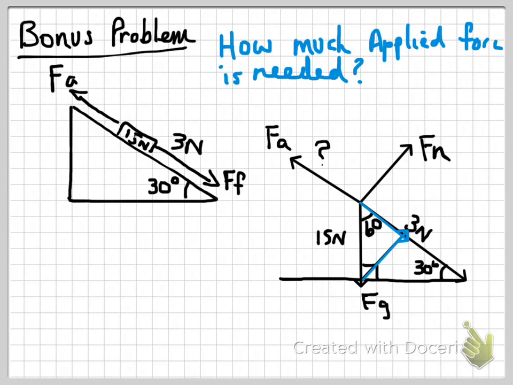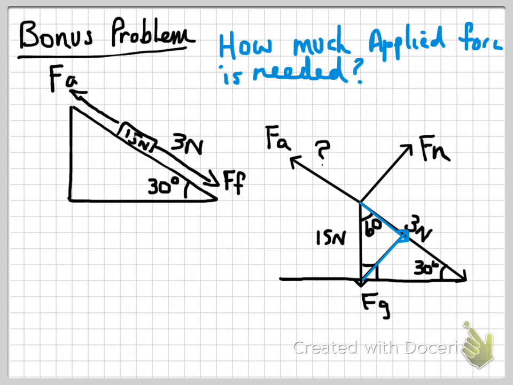First thing I want you to recognize, the first thing I do here is I create another triangle, because what I have to recognize first is that if we're looking for the applied force, I have to make sure that I include all of the forces moving on the same plane as the applied force.